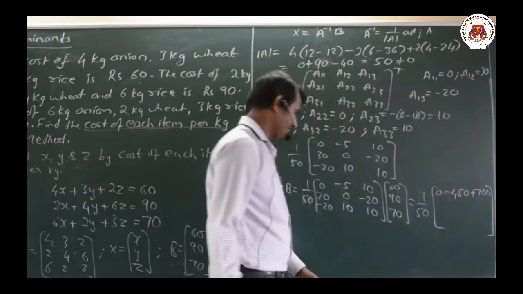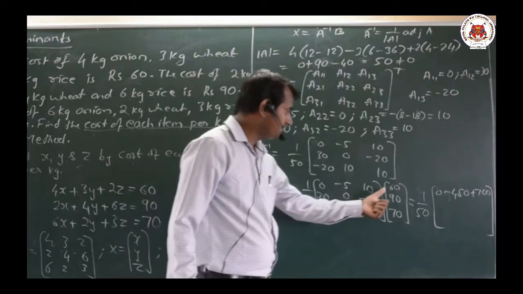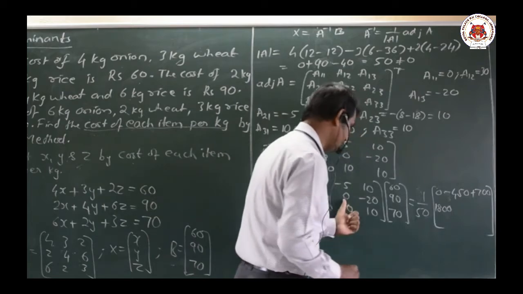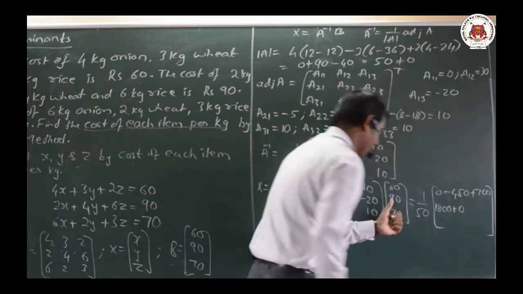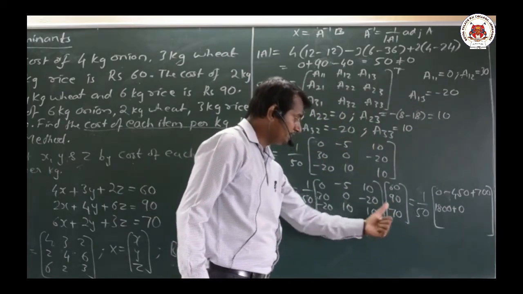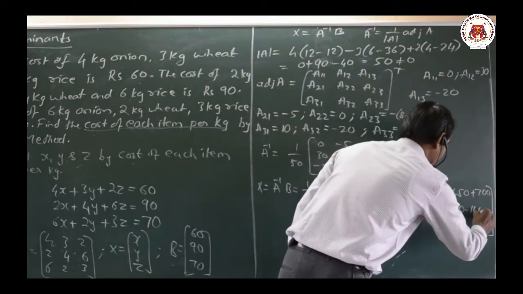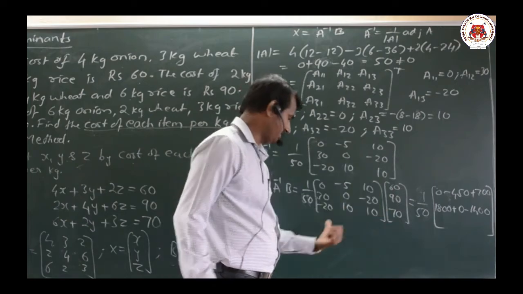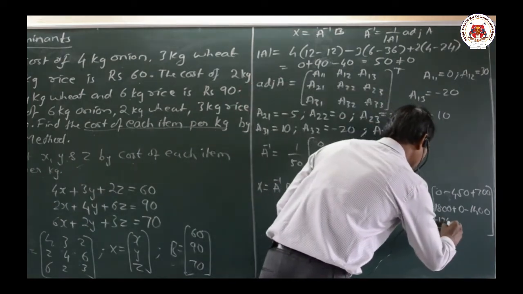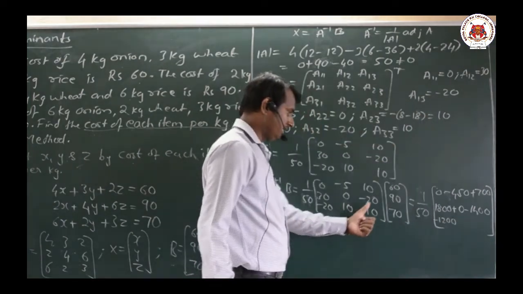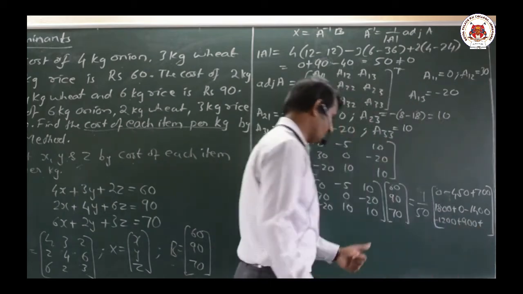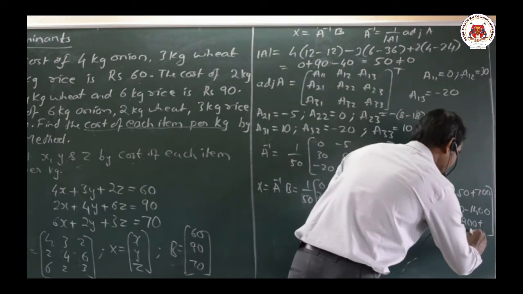Next, 30 into 60 is 1800, plus 0 into 90 is 0, and minus 20 into 70 is minus 1400. Next, minus 20 into 60 is minus 1200, then 10 into 90 is 900, and plus 10 into 70 is 700.